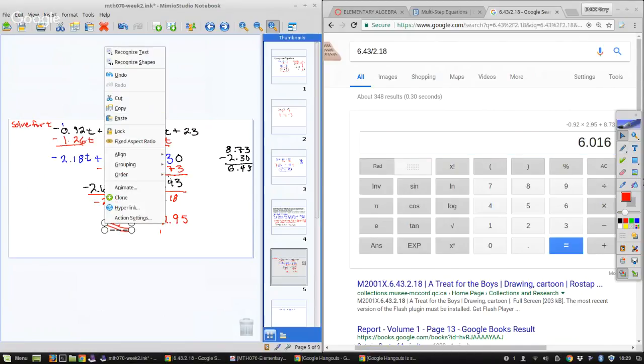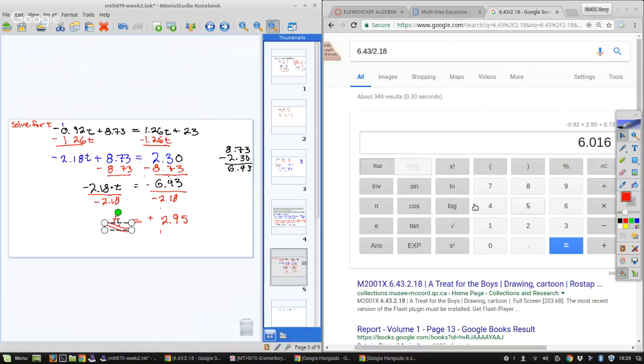I'm just going to make a note over here. On the left side, I got about 6.016. Now since I rounded the 2.95, I'm not going to get exactly the same number on the other side, but I should be pretty close. 1.26 times 2.95 plus 2.3 should be about the same answer.